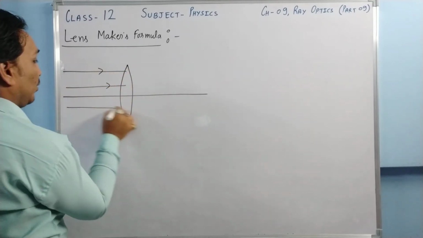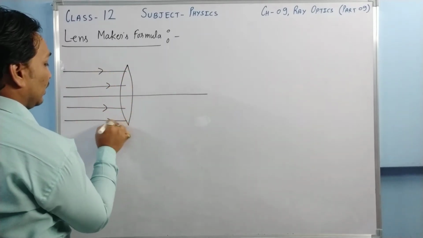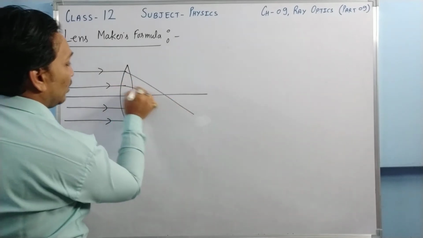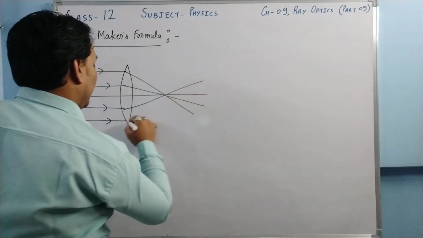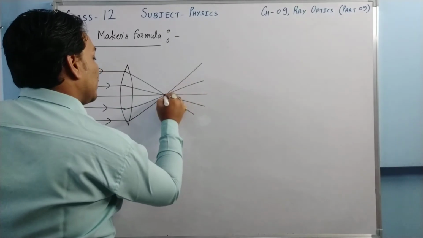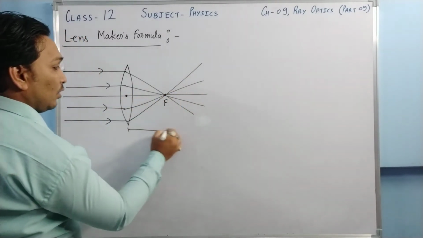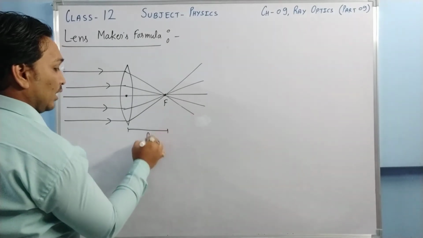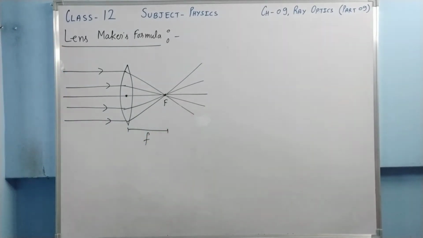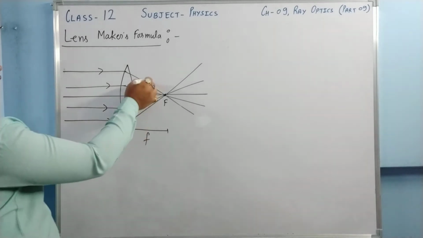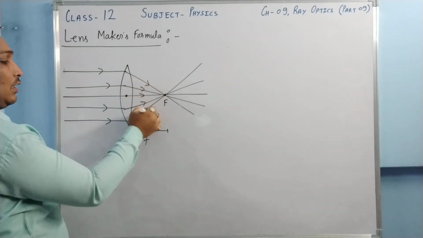If rays are coming parallel to the principal axis, then after getting refracted from the lens, they pass through a common point on the principal axis. So from the optical center to the focus, this length is called focal length. So this is the focal length of a convex lens.